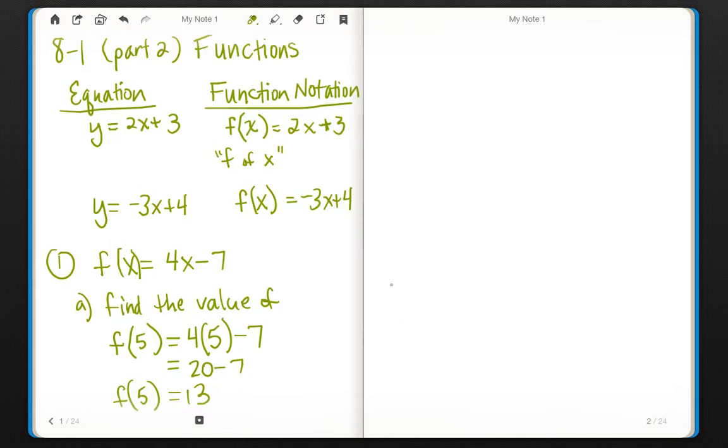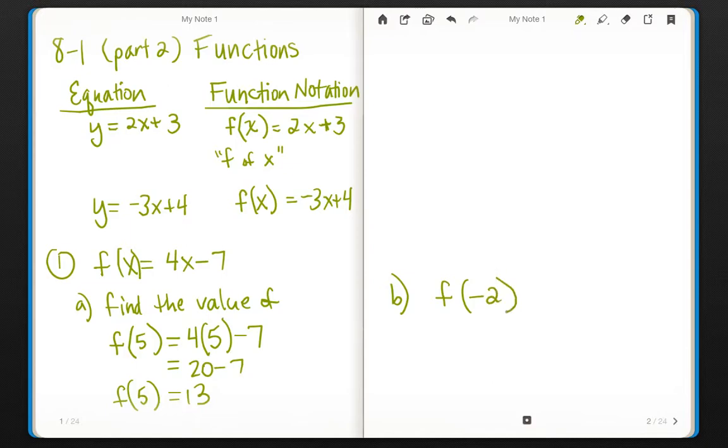Okay, let's use our same function. In this case, let's find f of -2. So that's saying I want -2 to go into this function. My function says to multiply x by 4, and my x, remember, is -2, and then subtract 7.